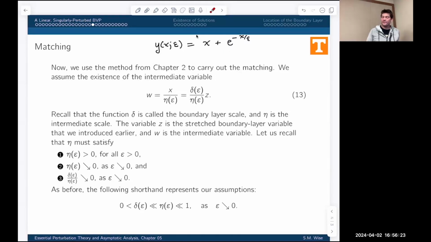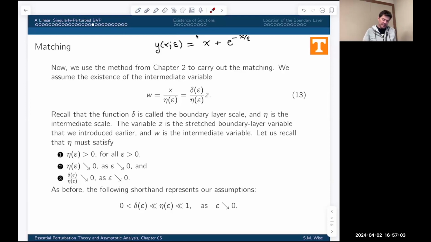Then when I do a transformed coordinate expansion, where I make this order 1 variable, performing what's called an inner expansion, I get something which essentially leaves this variable out. And then I have to match the two. So that was the procedure we did in chapter 2. It had nothing to do with the context of differential equations. You can take a function that cannot be described uniformly by an asymptotic series on an interval. And this is one example of that.